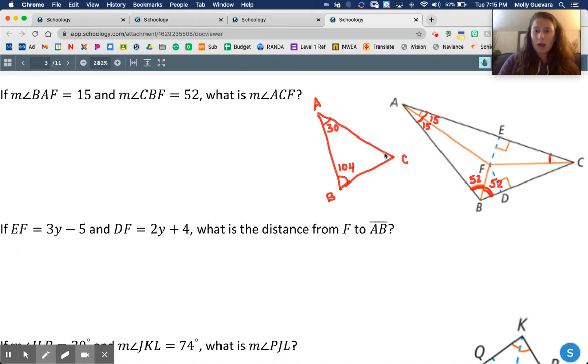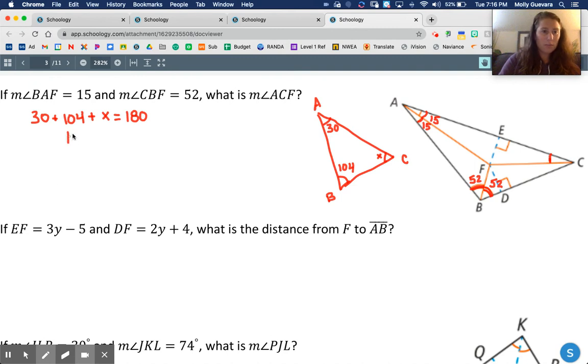So I'm curious, what is angle C? Well, I know that the 3 angles of a triangle add to 180. So if I call this X, I know that 30 plus 104 plus X equals 180 degrees because the angles of a triangle add to 180.